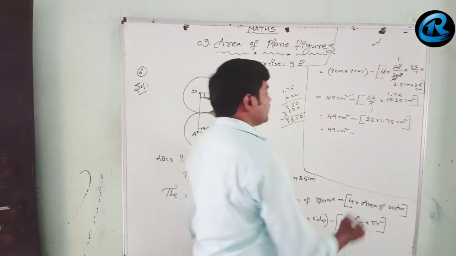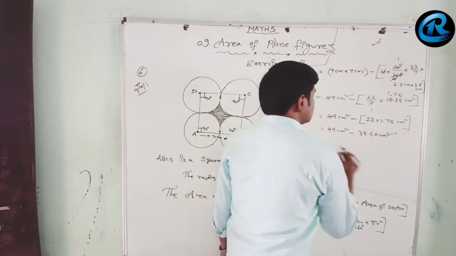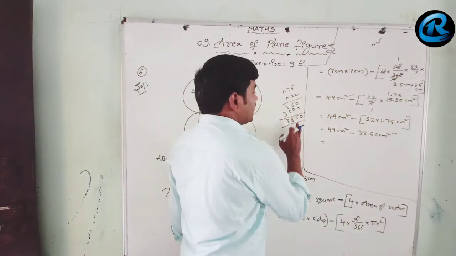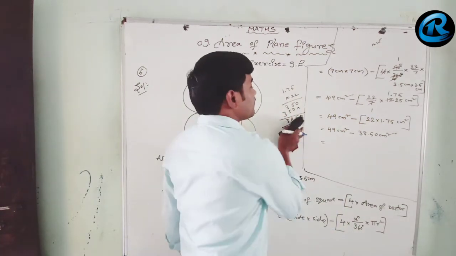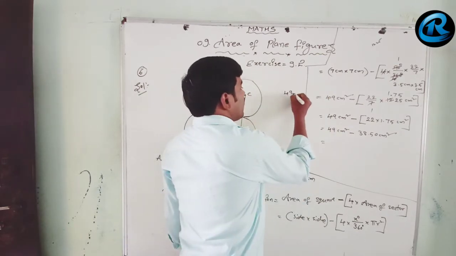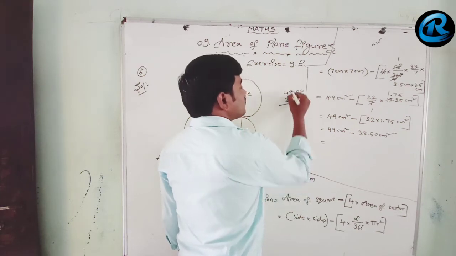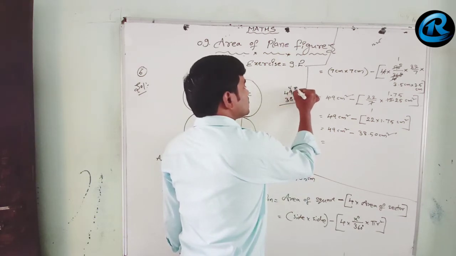So 38.50 centimeter square. So from the 49 let us subtract 38.50. From the 49.00 let us subtract 38.50. Simply here it is 8 and this is 10.